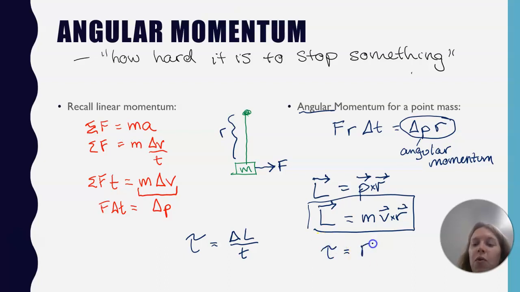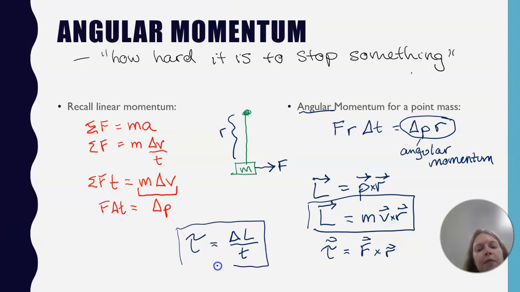Torque is force times the radius, and they have to be perpendicular. So angular momentum is the linear momentum times the radius. And this would be the impulse momentum theorem for angular objects. So angular momentum is L. It has units of kilograms times meters squared per second.